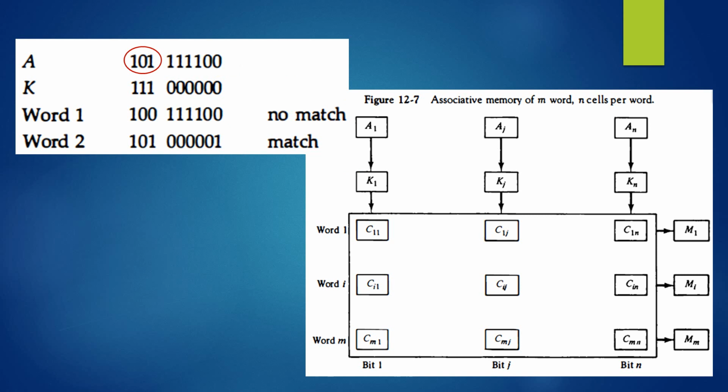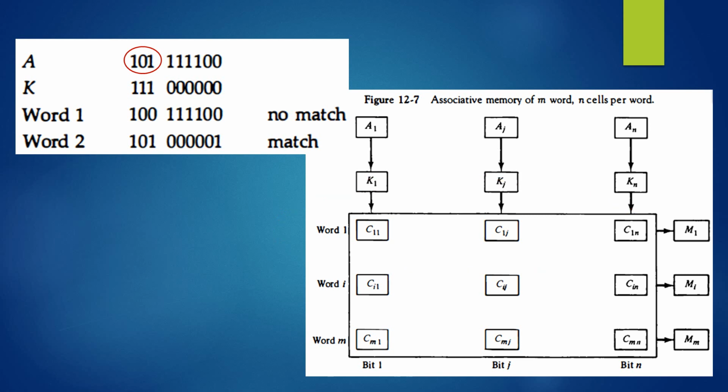We want to search 101 in the associative memory. Now word 1 is nothing but the first array of the associative memory. If the data is not available in the first word, it goes to the next word.